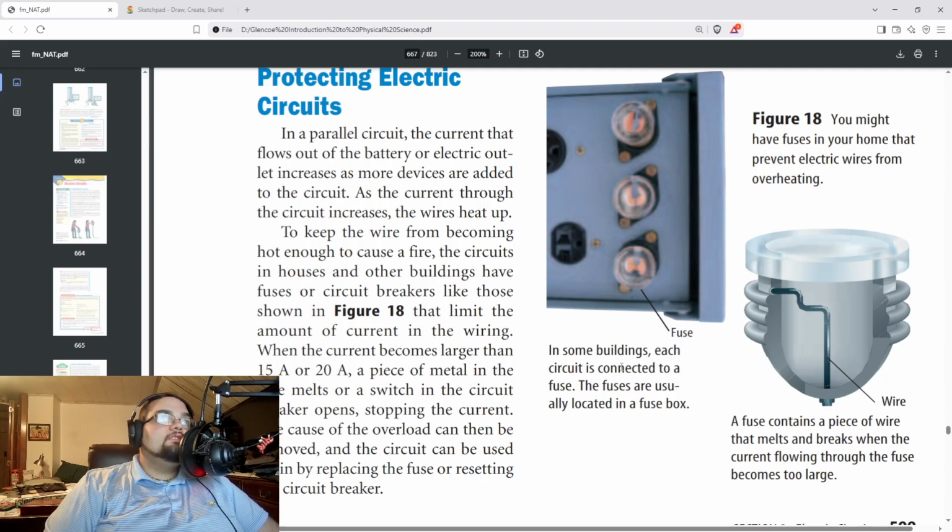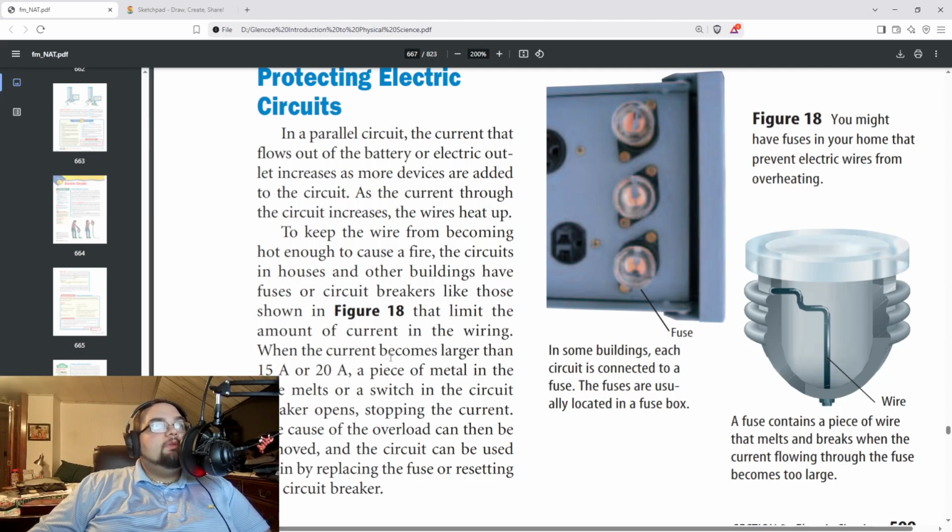In a parallel circuit, the current that flows out of the battery or an electric outlet increases as more devices are added to the circuit. As the current through the circuit increases, the wires will heat up. To keep the wire from becoming hot enough to cause a fire, circuits in houses and other buildings have a fuse or circuit breaker, like those shown in figure 18 here, that limit the amount of current in the wiring.